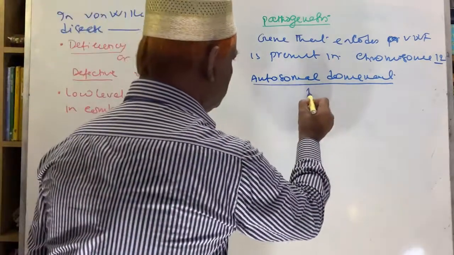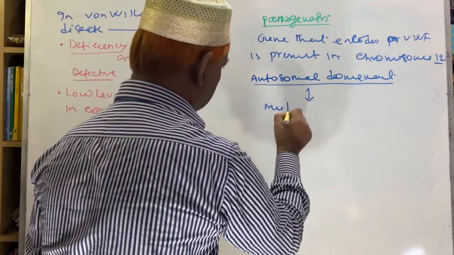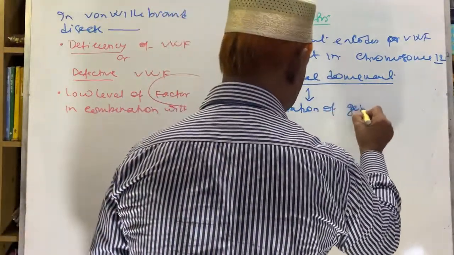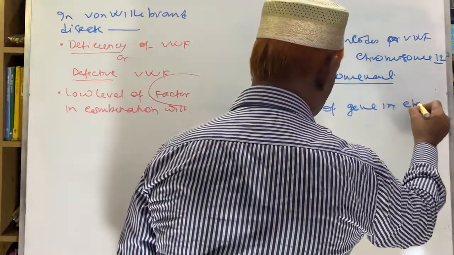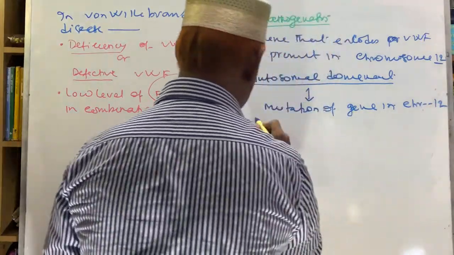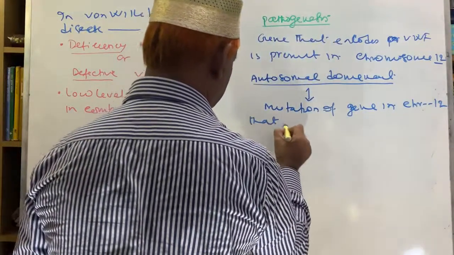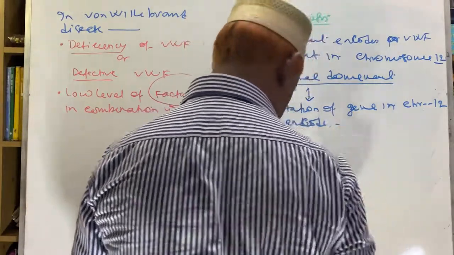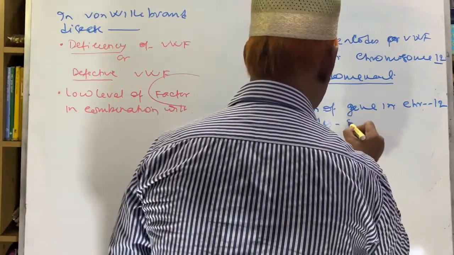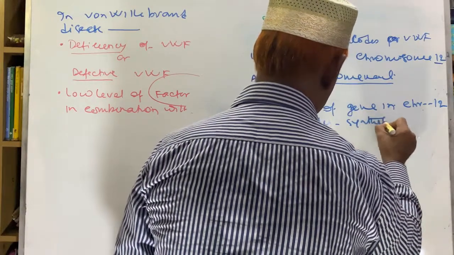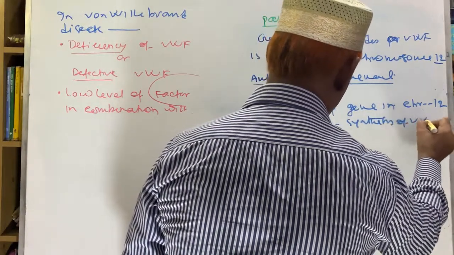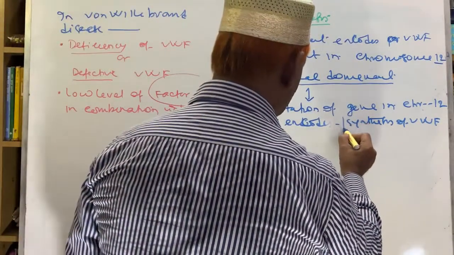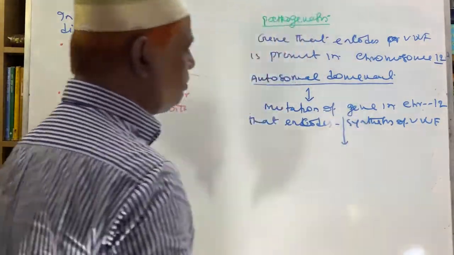So mutation of the gene in chromosome 12 that encodes synthesis of von Willebrand factor. As there is mutation and as it is autosomal dominant, it is single gene mutation.